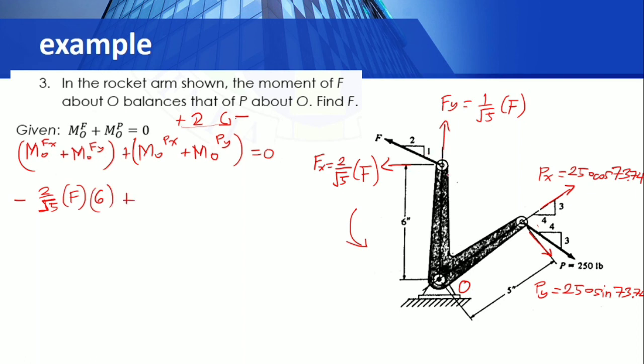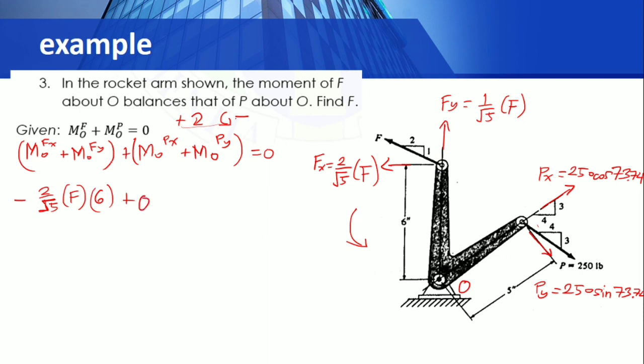So, take note, yung f of y na naman natin is yung line of action niya is naka-point dun sa point ng O natin. So, hindi natin siya maro-rotate, no? Kasi wala siyang perpendicular distance or wala siyang moment arm. Okay? So, yung f of y natin magiging 0.